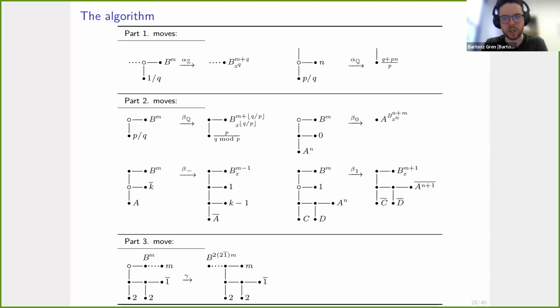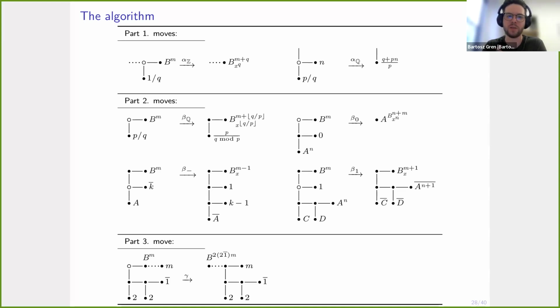The second part is crucial, and it is mostly about flyping, which is the hardest move, let's say. And this part is performed many times. So we traverse the tree.